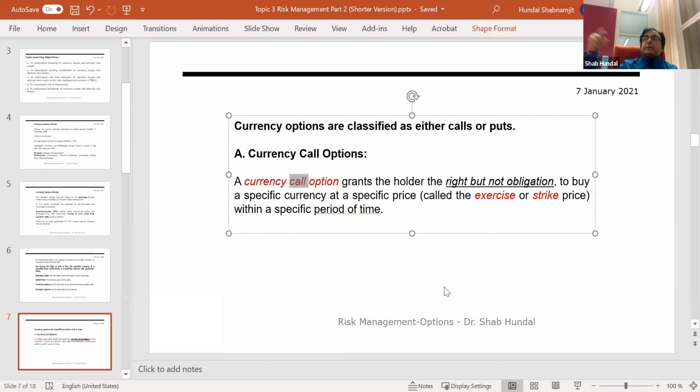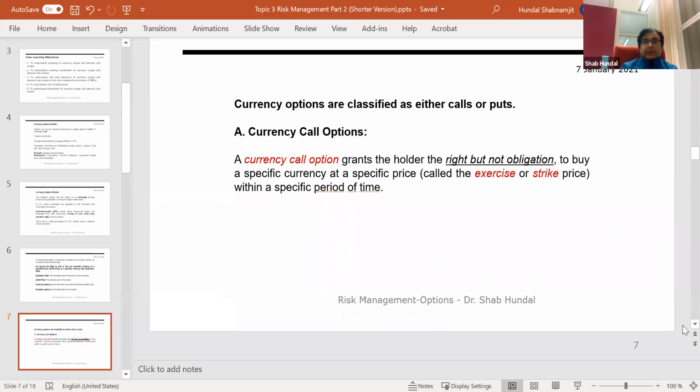And I told you before that if you are having the right to buy something, then who are you? Well, in that case, you are an importer, basically. You need to buy something, so you need to pay somebody in the future. Okay. So remember, the currency call option is very interesting.